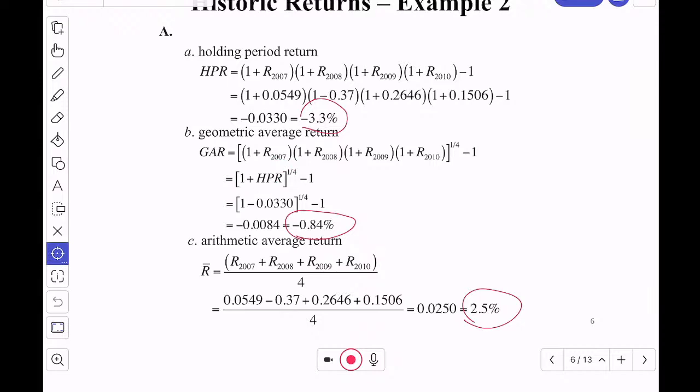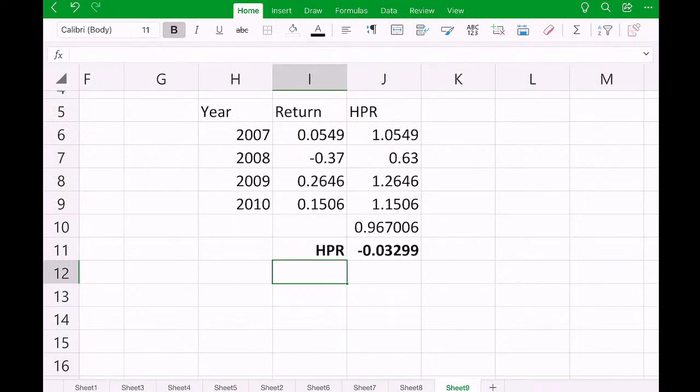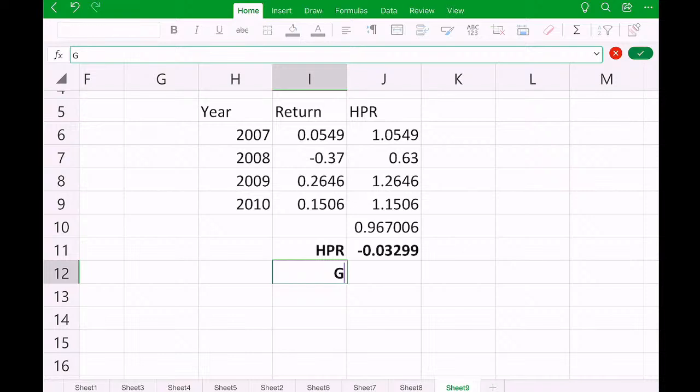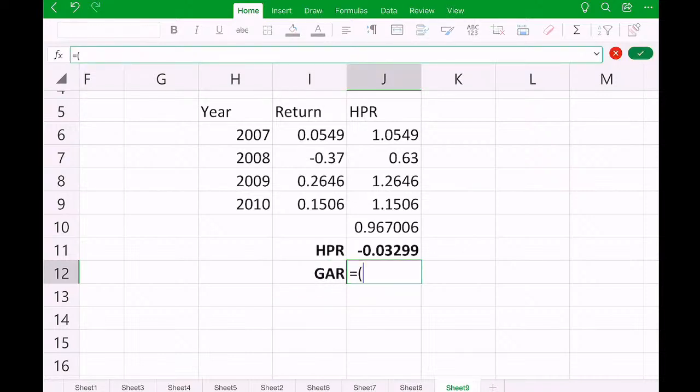So 1 plus holding period return will get me the answer. So I have to make the calculation of GAR using 1 plus factor, and then I have to raise it to the power of 1 over 4, or 0.25, and then minus 1.